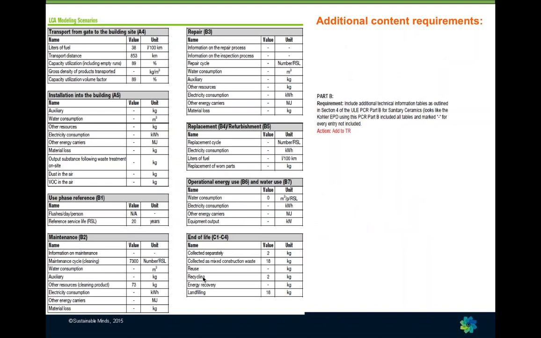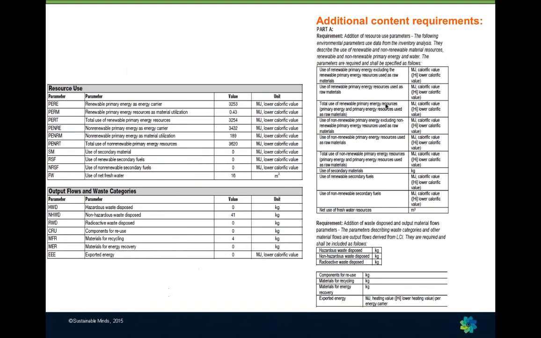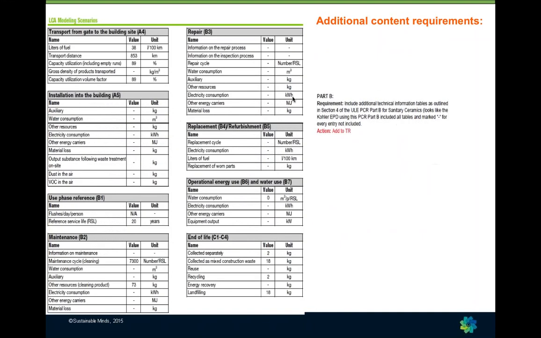So going back to the comparison, we thought this was pretty surprising, where all of the flow parameters were required in the EPD. And that kind of raised a little bit of an eyebrow because, particularly back to these tables, the requirement is that these tables are included even if there's no data to fill them in.